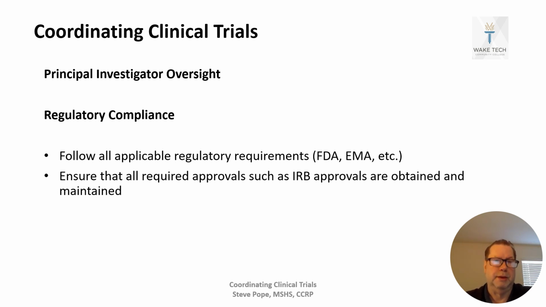You also may be working at a site where there's a local IRB, but then you're also using a central IRB because the local IRB farms out some of that work to a central IRB. And so in some cases, you may have to get approval for both IRBs before you can get started on an amendment. We'll go over these in a little more detail.